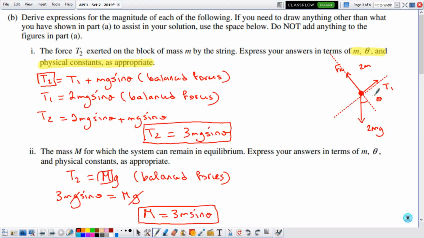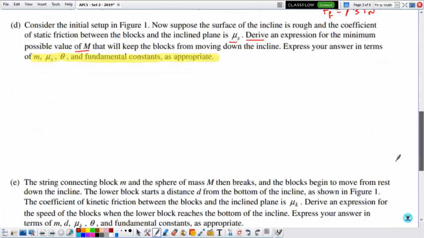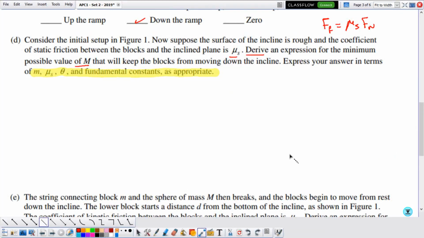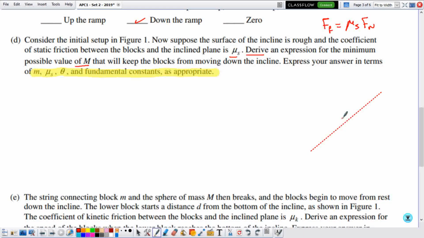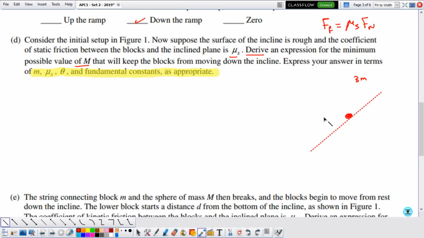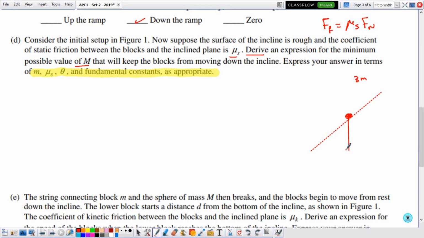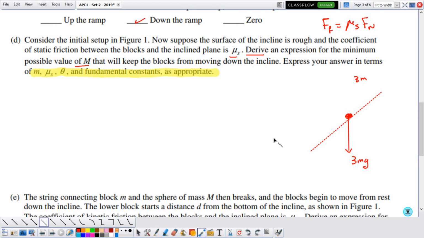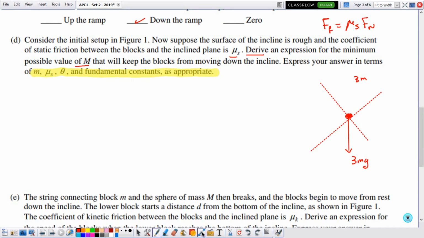Then let me represent its FBD here. Let me suppose that this is the ramp, and this is the block combined of mass 3m. We have the pull of gravity down, given by 3mg. Now that would be the y-axis, along which the normal push is acting up.